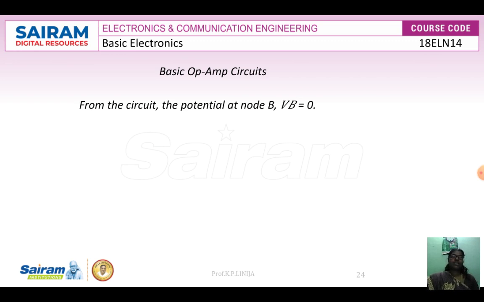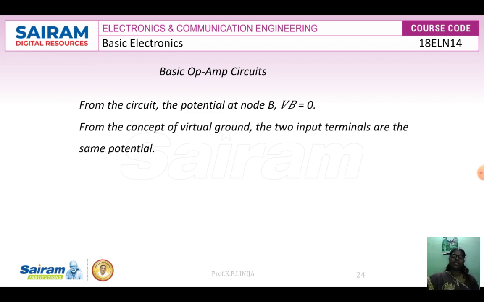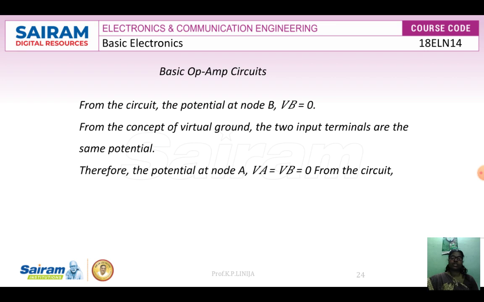I1 is equal to IB plus IF, that is base current plus feedback current. But from the circuit, the potential at node B, VB, is equal to 0. As per the virtual ground concept, if VB is equal to 0, the other terminal will also have the same potential. Therefore, VA is equal to VB is equal to 0.